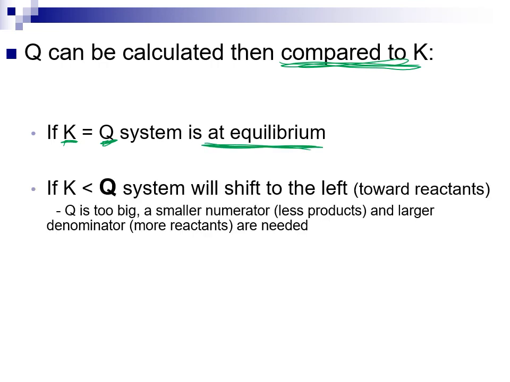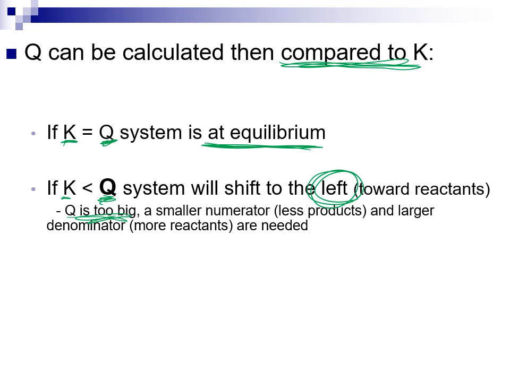However, if we plug in the values and our Q value is actually larger than the known K for that equilibrium system, that's going to tell us that the reaction will shift to the left in order to get to equilibrium. If you think about what this means, your Q value is too big for what it should be.